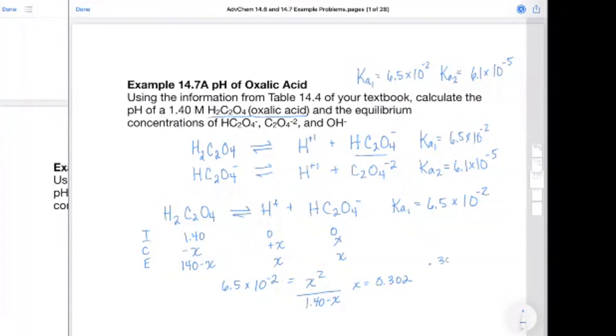If you check that number, 0.302, against the 1.40 to see if it satisfies the 5% rule, it actually comes out to 21.5%. So this assumption does not work.